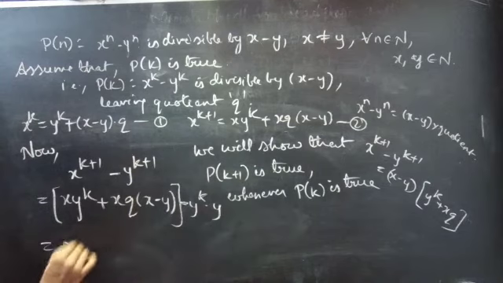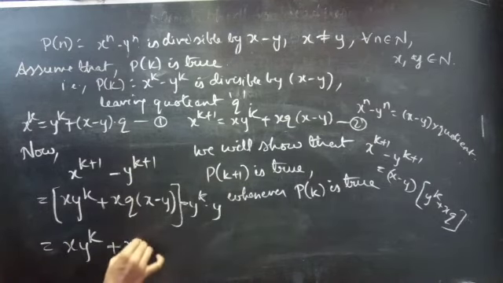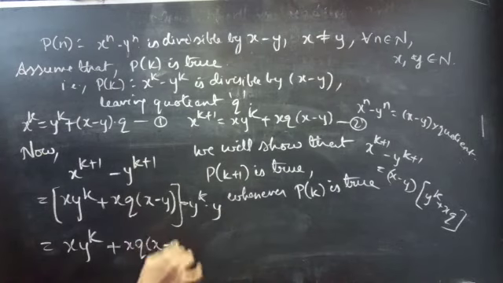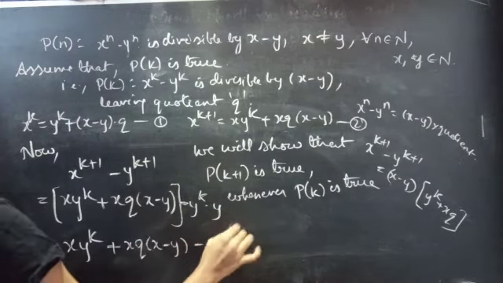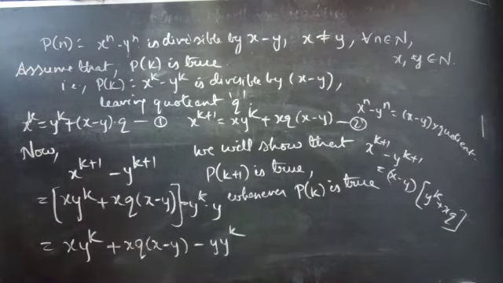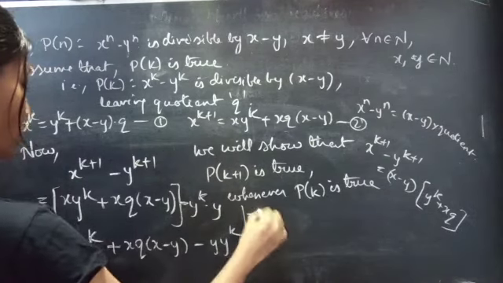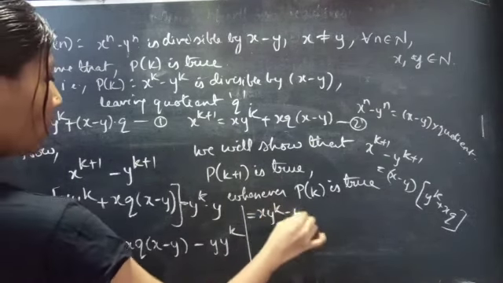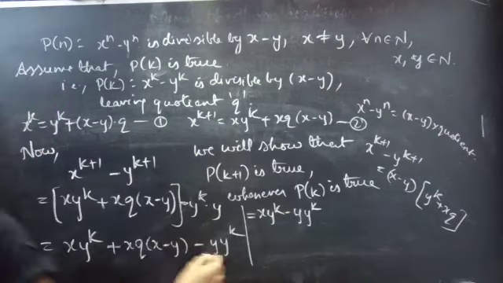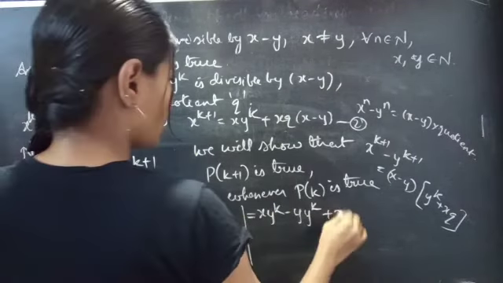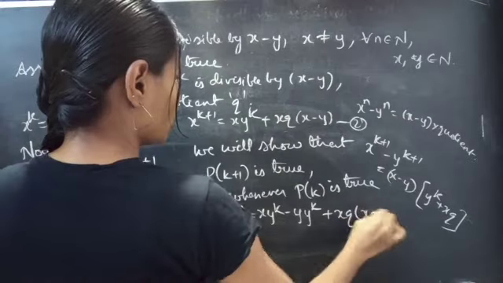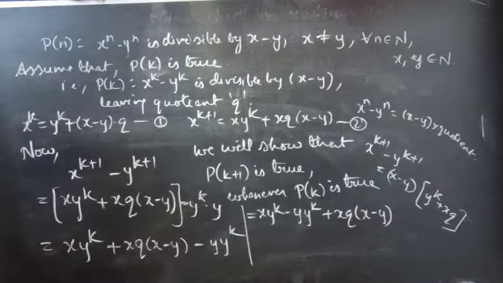This equals x y power k plus x q into x minus y minus y into y power k. Now write the terms involving y power k: equals x y power k minus y into y power k plus x q into x minus y.